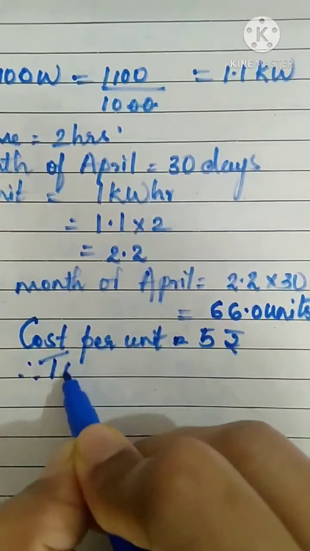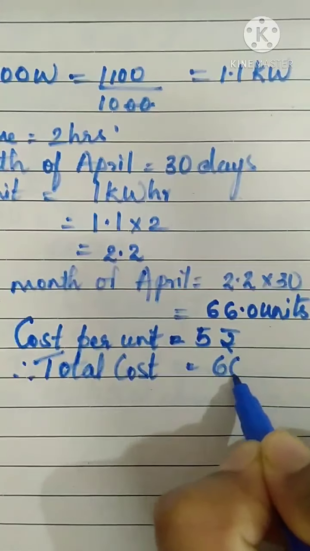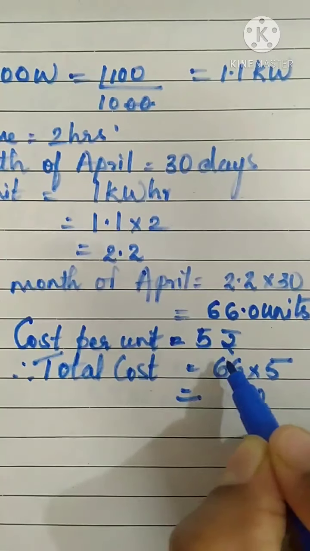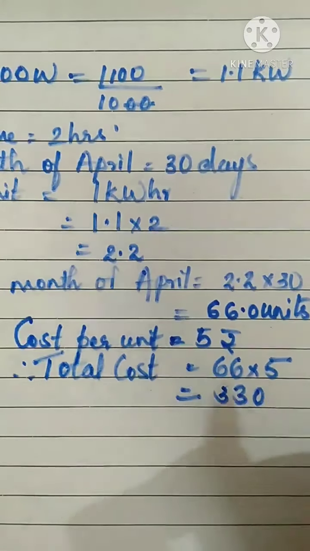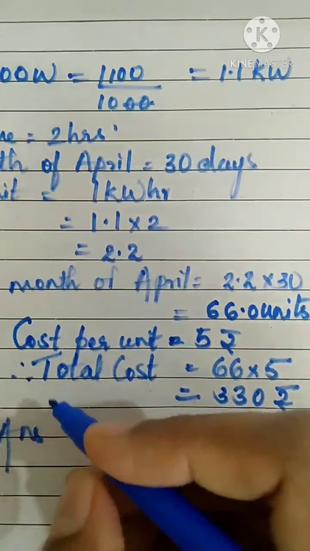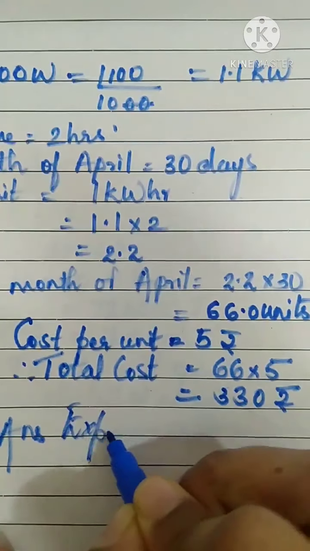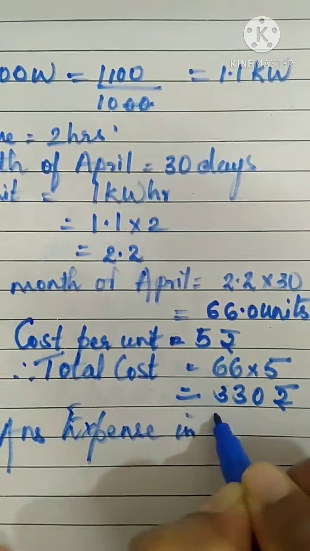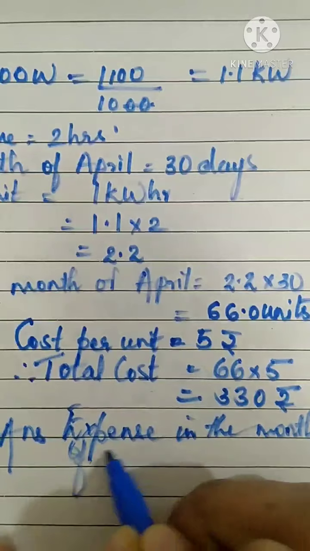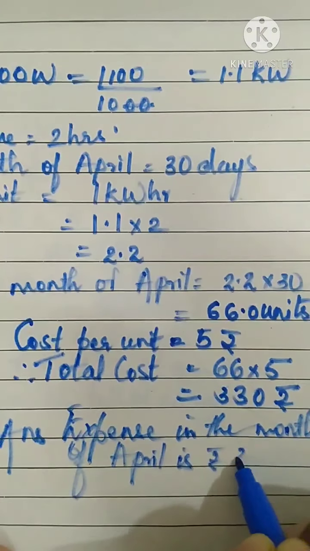Therefore total cost is equal to 66 into 5. 5 6s are 30, carry 3, 5 6s are 30, 330 rupees. Final answer. What will be the electrical consumption expense in the month of April? The expense for the month of April is rupees 330.